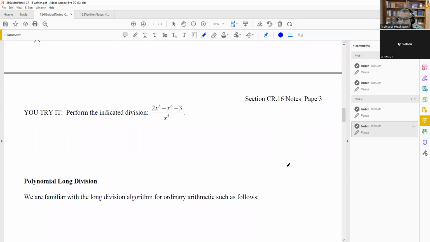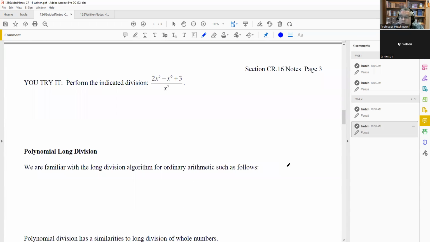All right, so one more of those, and then we'll start getting into long division. This one is going to be done the same as we had before. So let's go ahead and take a look at that.